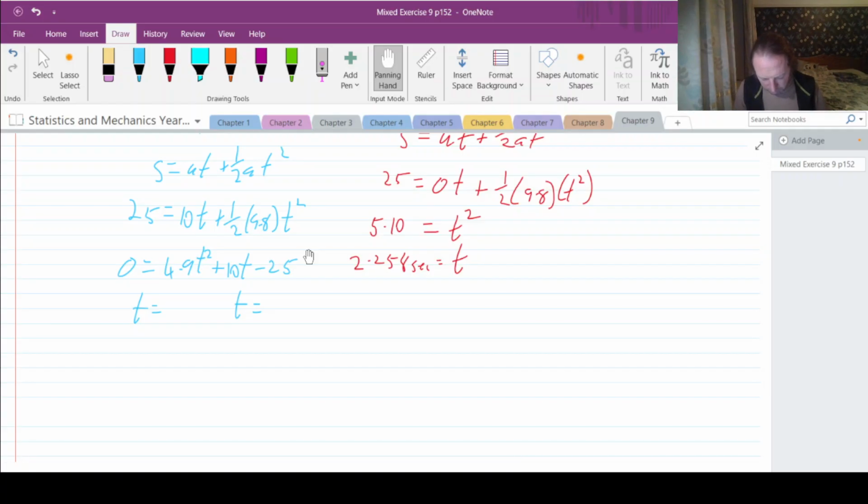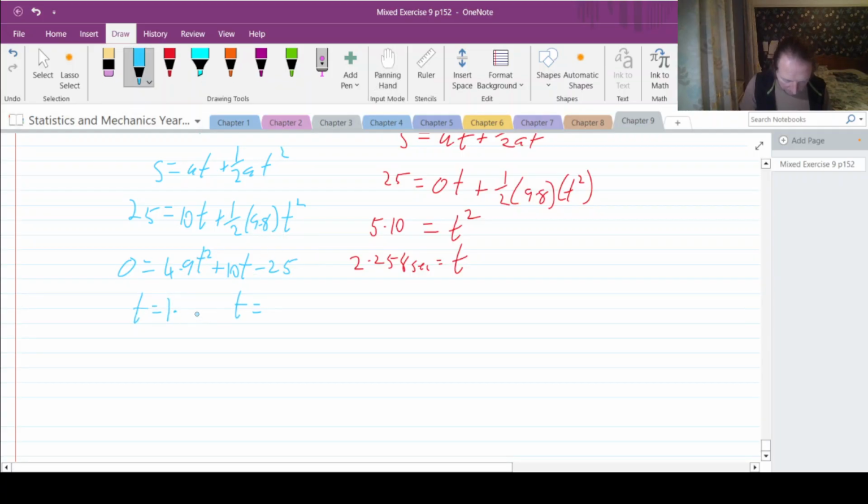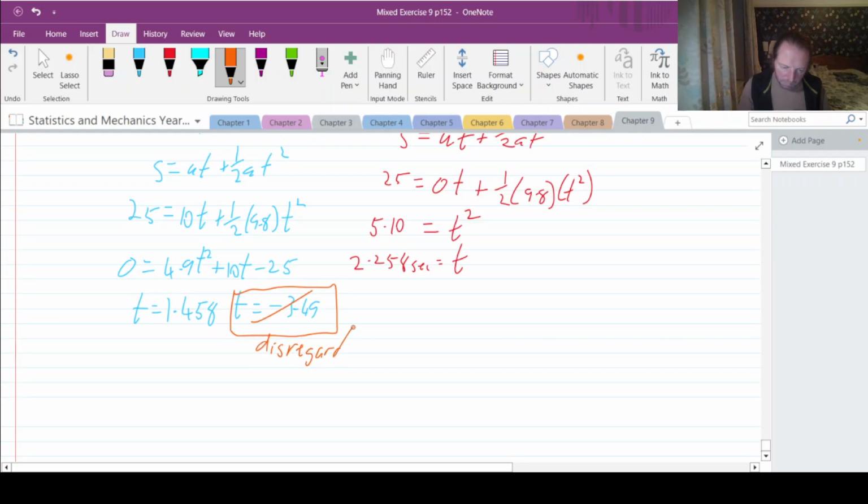Polynomial, degree 2: 4.9, 10 and minus 25 gives us a t of 1.458 and a t of minus 3.49. Let's disregard that one, because negative time is a problem. So 1.458.